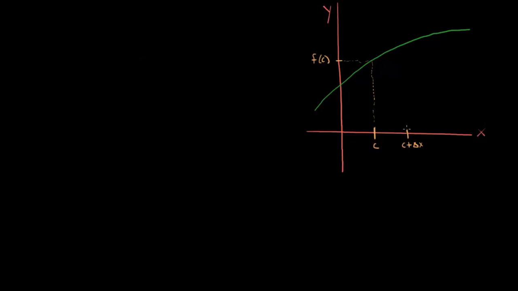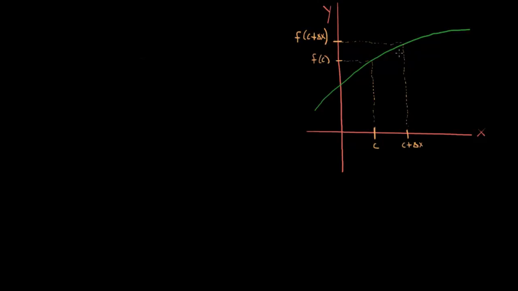Maybe I'm really zoomed in on the graph here, and even though the distance looks kind of big, it's actually a very small number. Delta x is just a very small change. Now let's find that y value. That y value right there is f of my x value, so f of c plus delta x.